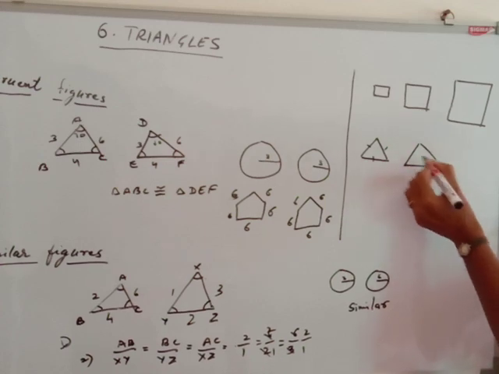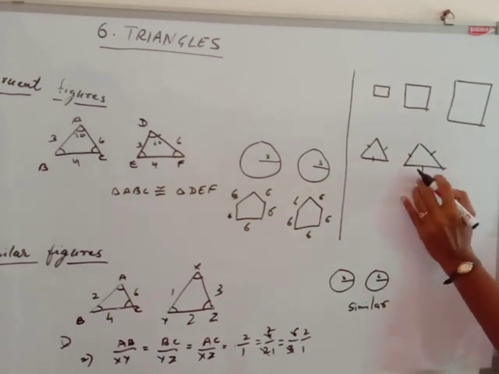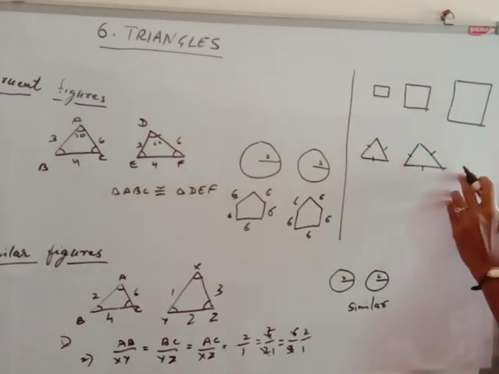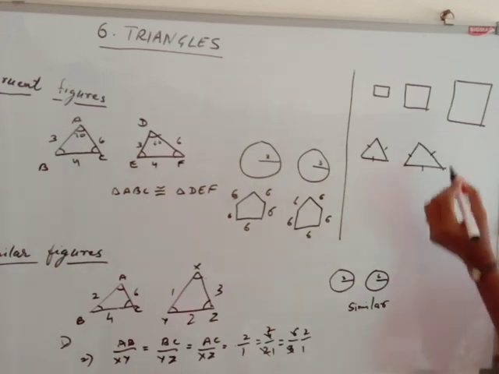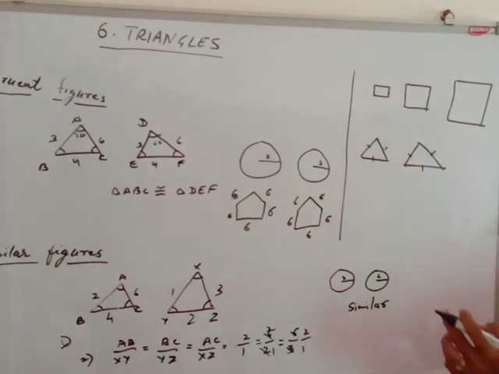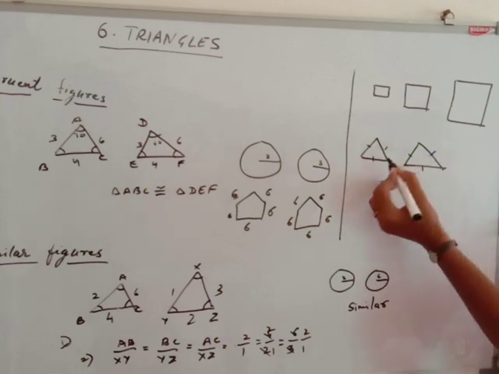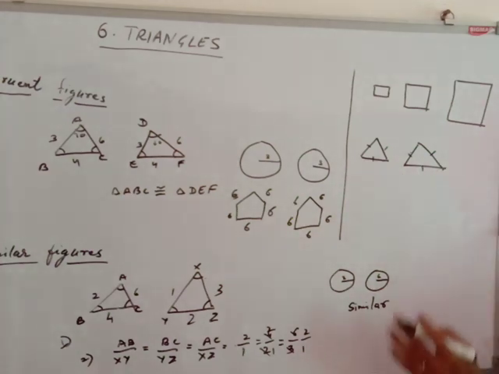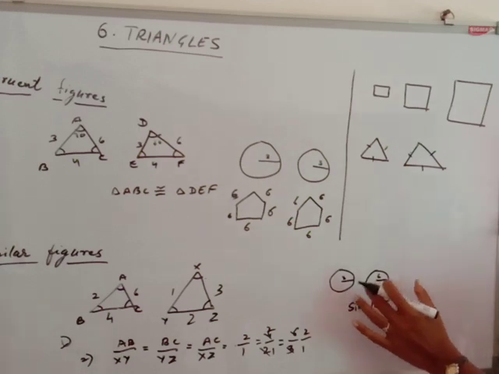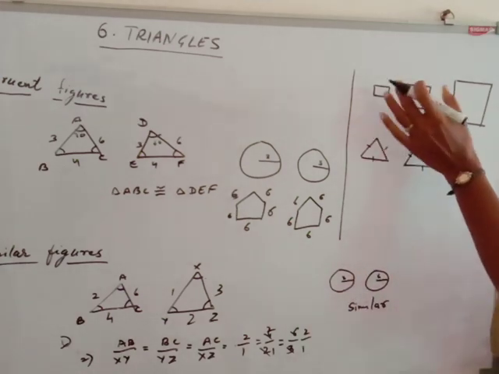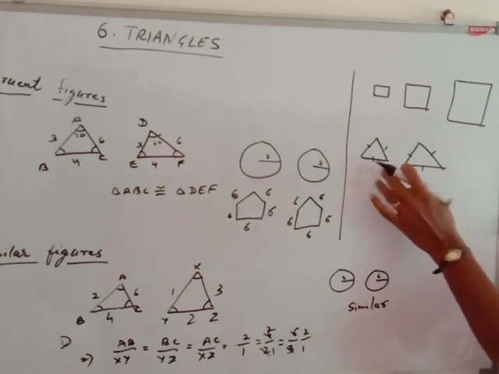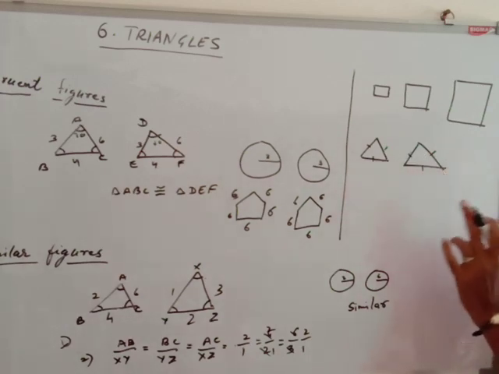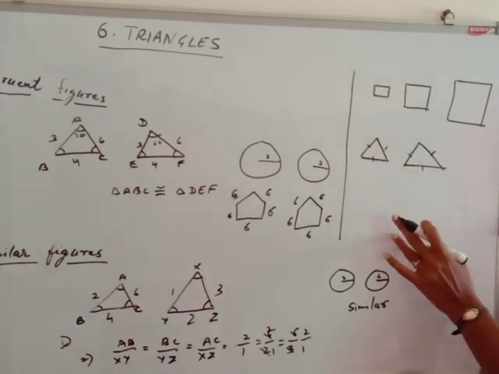So all equilateral triangles are similar to each other, because in an equilateral triangle all angles are of 60 degree and all the three sides are same. Here also all three sides are same. So all sides will be in the same proportion. So we can say that all circles are similar to each other. All squares are also similar to each other. All equilateral triangles are also similar to each other.